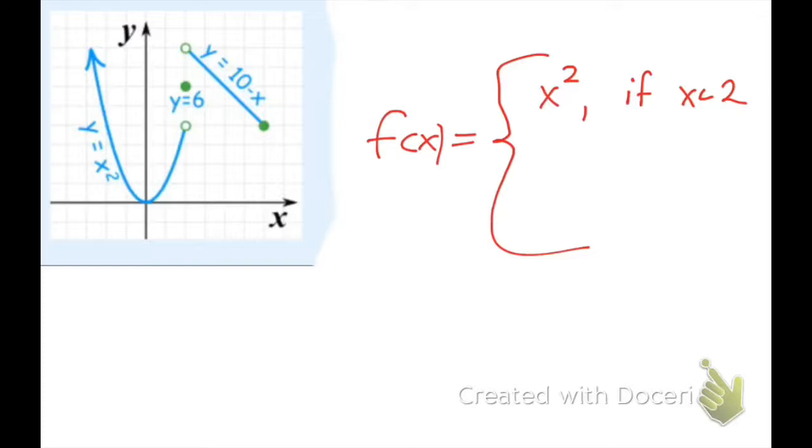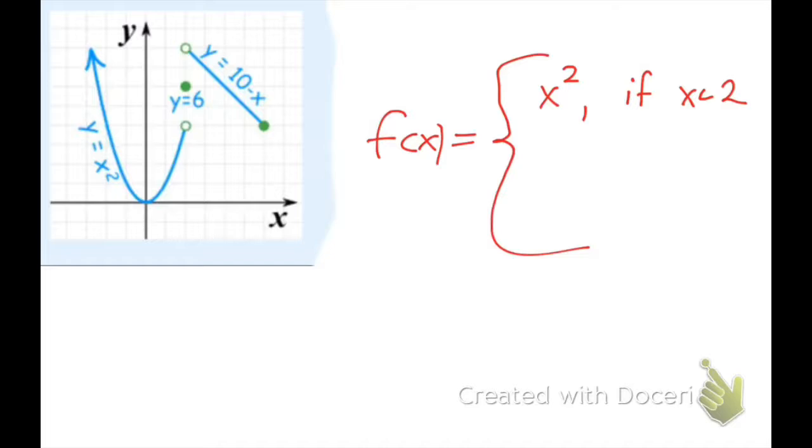So this is my first condition. I'm only going to use this function if I pick a number that's less than 2. And that will give me this graph here. Or this graph gives me this function, either way.